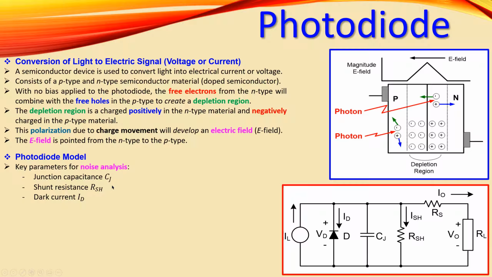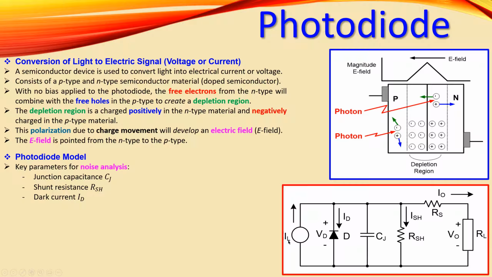If you just look at the junction capacitance, shown here, it is just the capacitance between these two nodes. We have the shunt resistance, which is just a parallel resistance between those two. So we have the junction capacitor and also the shunt resistance in parallel, and we have the dark current flowing in this direction. You can see that this is in the reverse direction, which is also the way it is used as a photodiode.